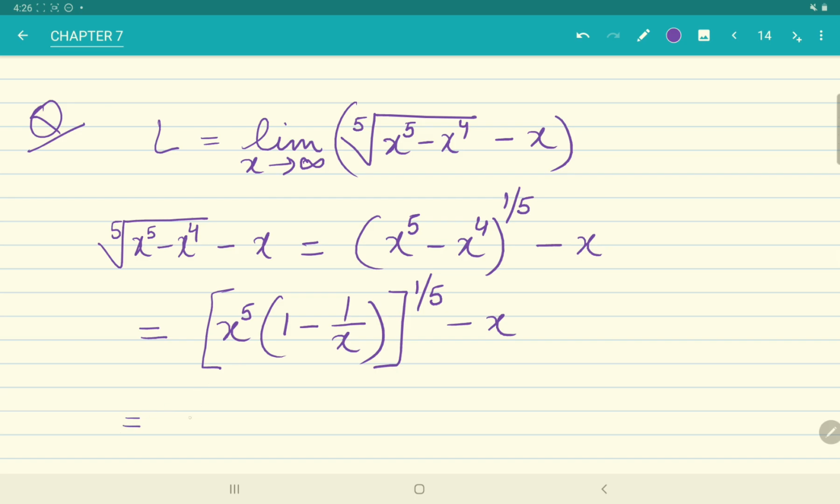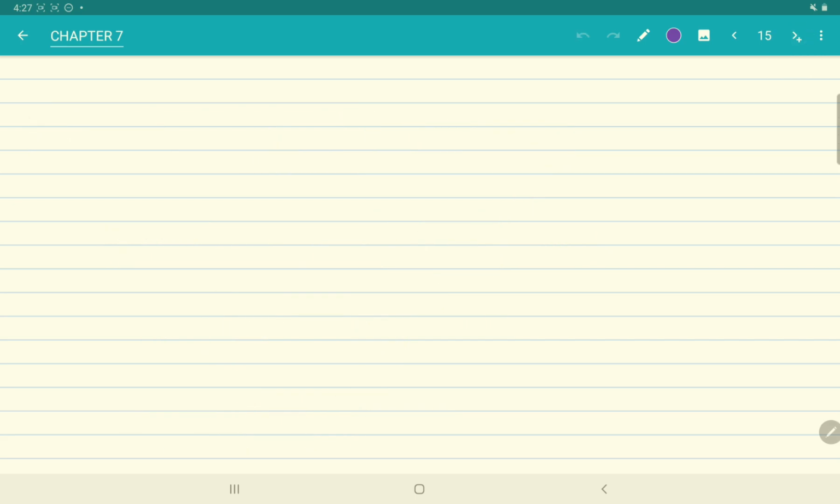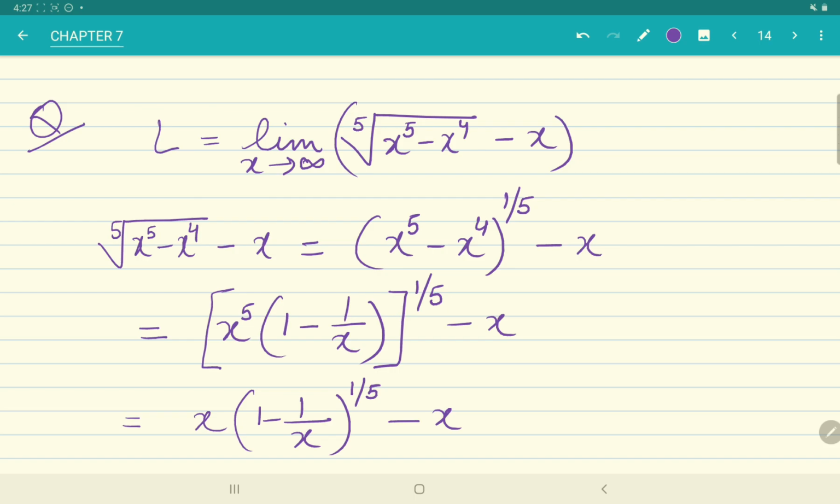This can be written as x, since x to the power 5 raised to the power 1 by 5 is just x, times 1 minus 1 by x raised to the power 1 by 5, minus x. Now this expression can be written as x times the quantity 1 minus 1 by x to the power 1 by 5 minus 1, divided by 1. The same expression, just divided by 1, so nothing changes.